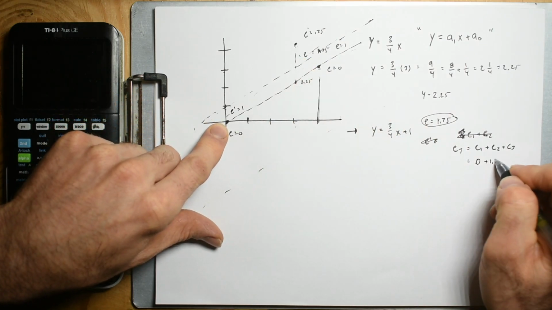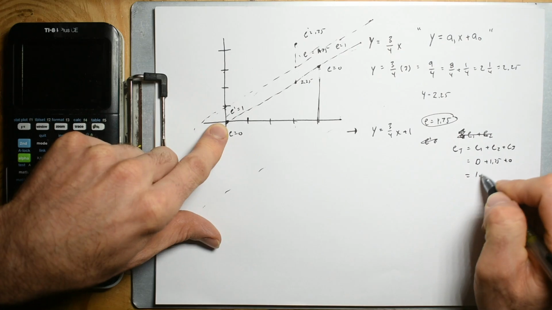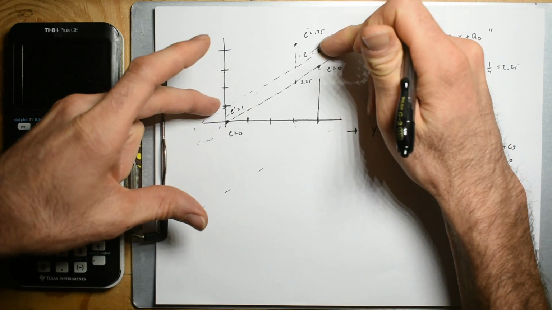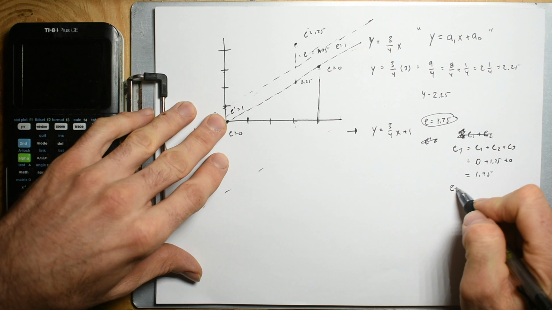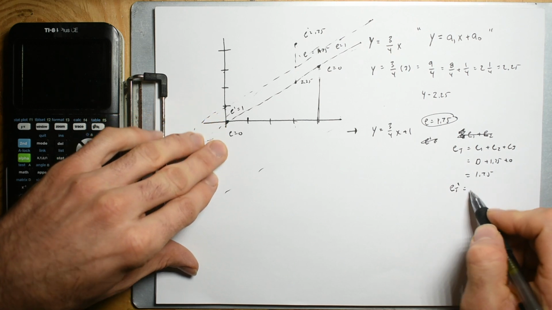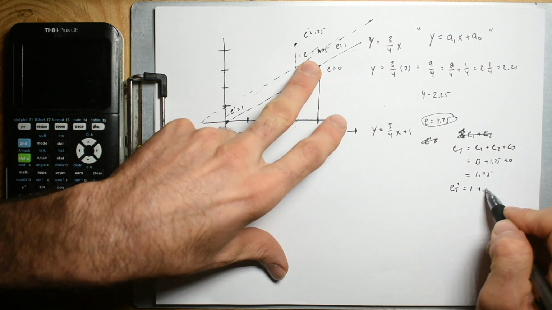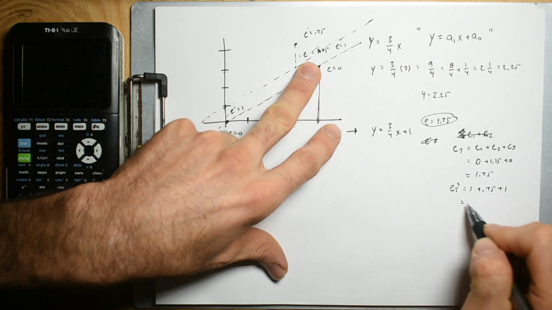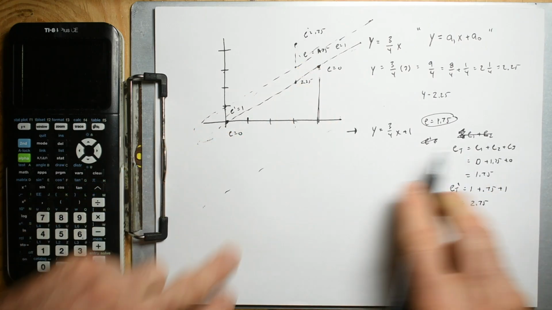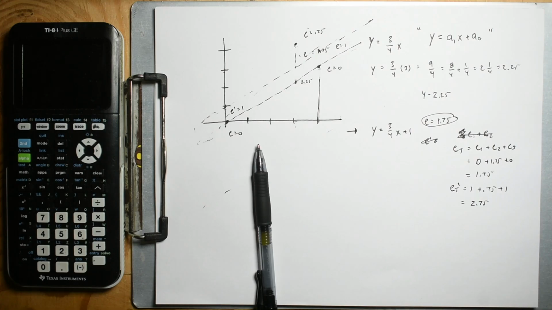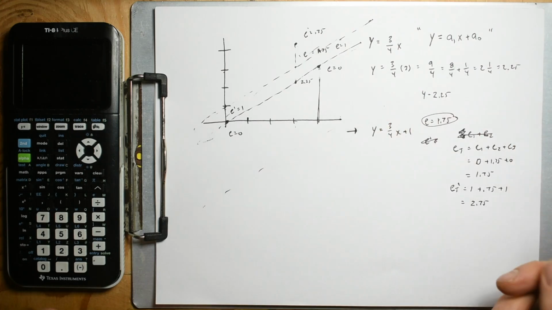So 0 plus 1.75 plus 0 was 1.75. If I shifted the line up by 1, our error total for this new equation was going to be 1 plus 0.75 plus 1, which is 2.75. So that was worse, but you know what I mean?